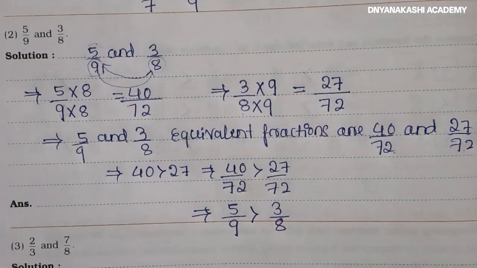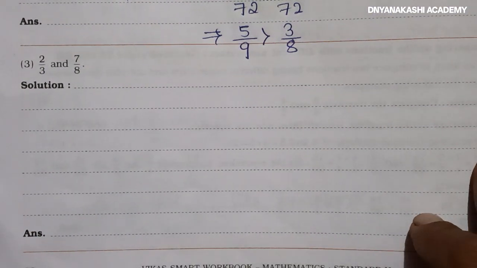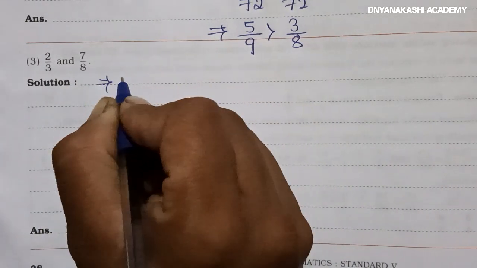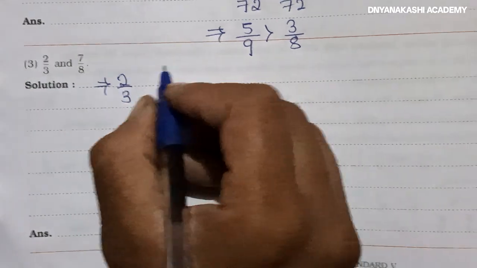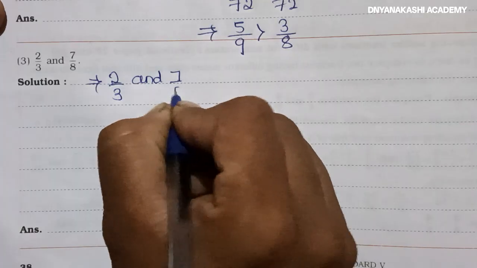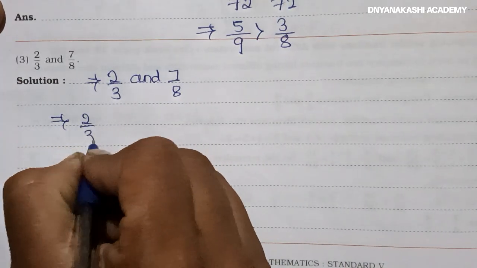I solve the third question here. The given fractions are 2 by 3 and 7 by 8. First I write the equivalent fraction of 2 by 3.